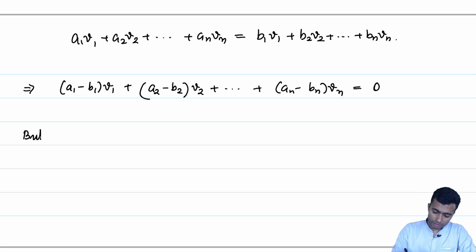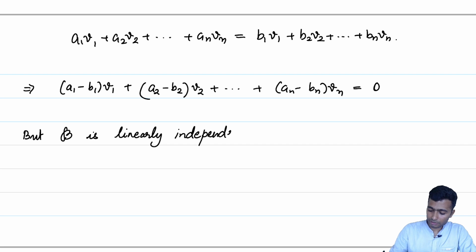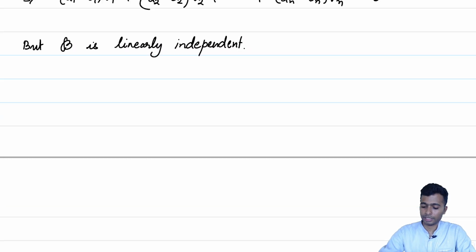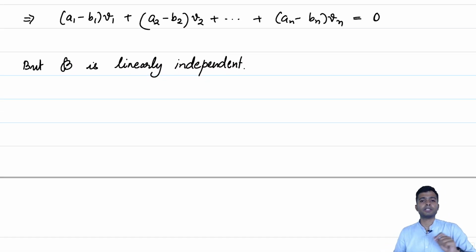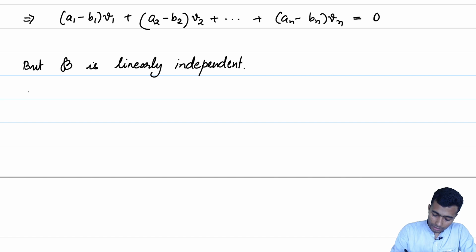But B, recall, is linearly independent. Why is it linearly independent? Because by definition B is a basis, and a basis is linearly independent, and linear independence forces each of the coefficients to be equal to 0, because if even one of them is not equal to 0, then that is a linear dependence of V1, V2 up to Vn, right.